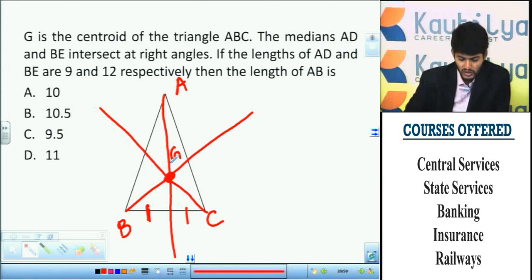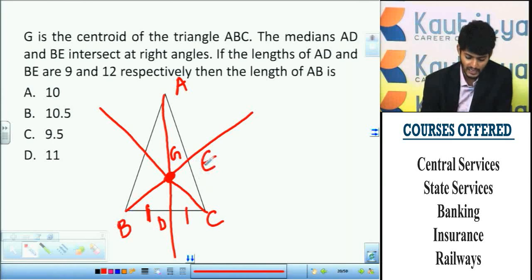And the most important concept about medians, what you need to understand here is, in the given problem he said the medians AD, so from A you have drawn a median, let us say I call it D, right? And again you dropped a median from B to E, intersecting at right angles, right?